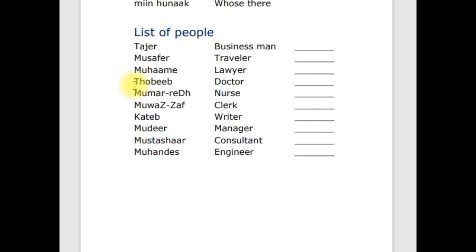Tabib, doctor. Mumarridah, nurse. Muwazzaf, clerk. Katib, writer. Mudir, manager. Mustashar, consultant. Muhandis, engineer.